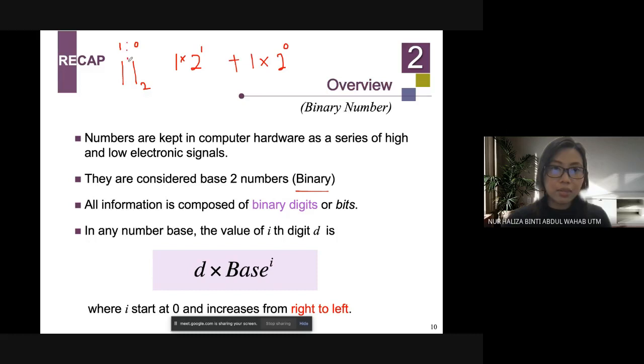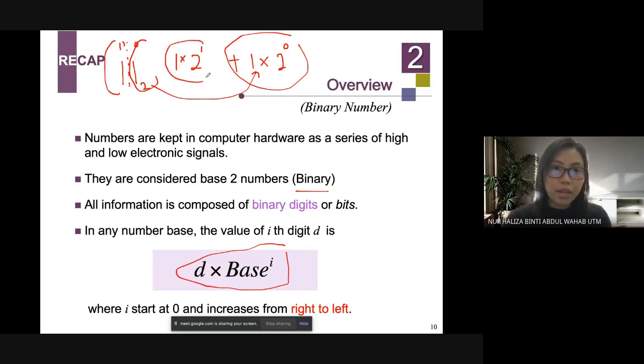So I use this equation and apply it here, and I use the same equation for the other one. The only difference is the value: if 0, then you put 0; if 1, you put 1. And the power follows whatever power position it is in.